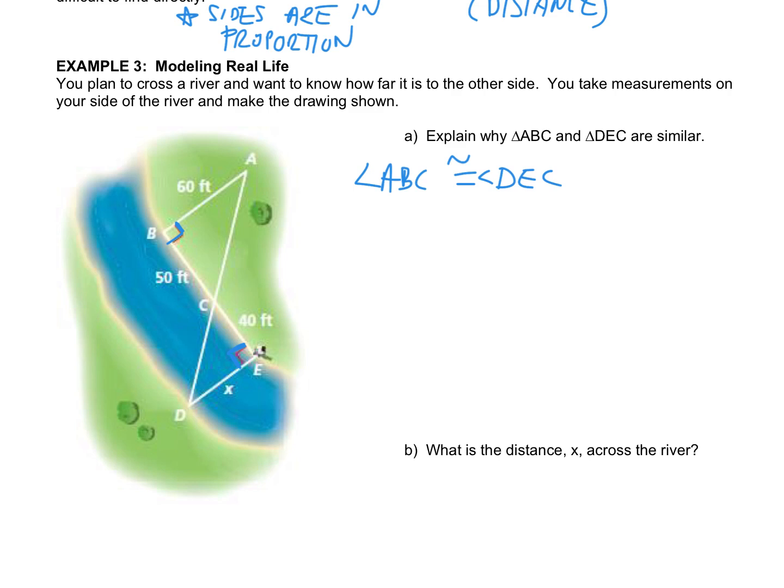So I'm going to write D, oh, I'm sorry, we won't go with D. Let's go A, C, B. So this angle right here is congruent to D, C, E. Now I don't know what that measurement is, whereas I know the other one's 90 because it has the symbol. I don't know what that measurement is, but because they are vertical angles, then I know they are congruent.